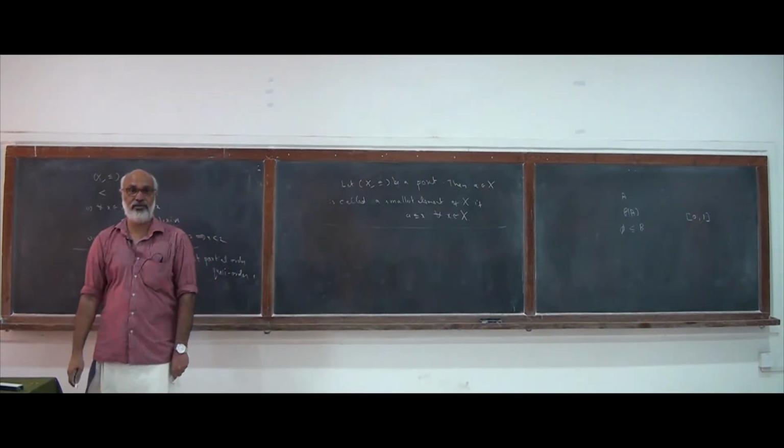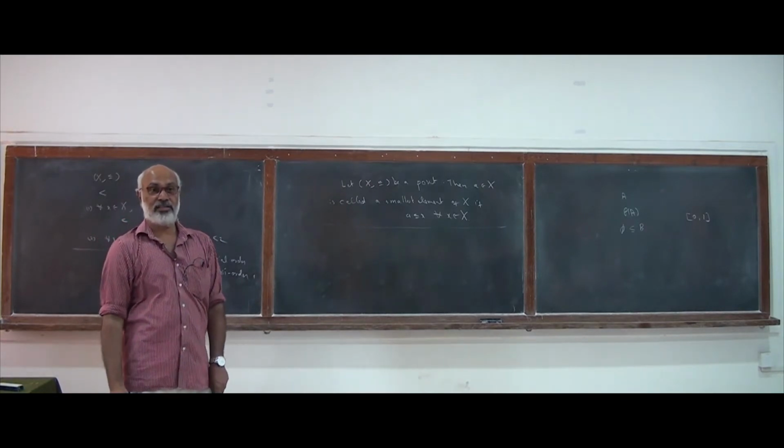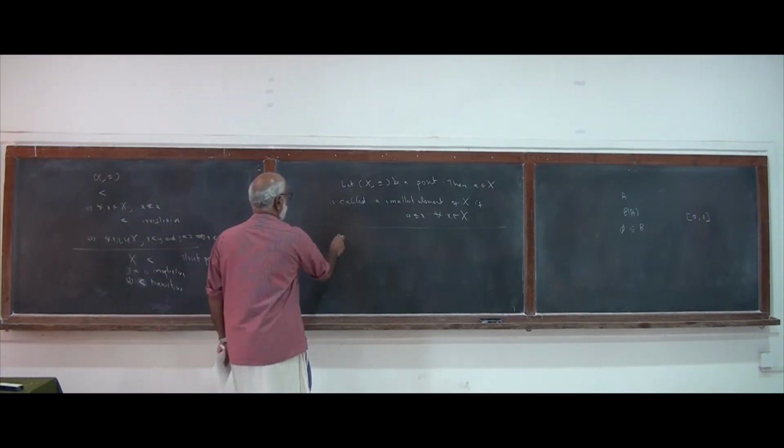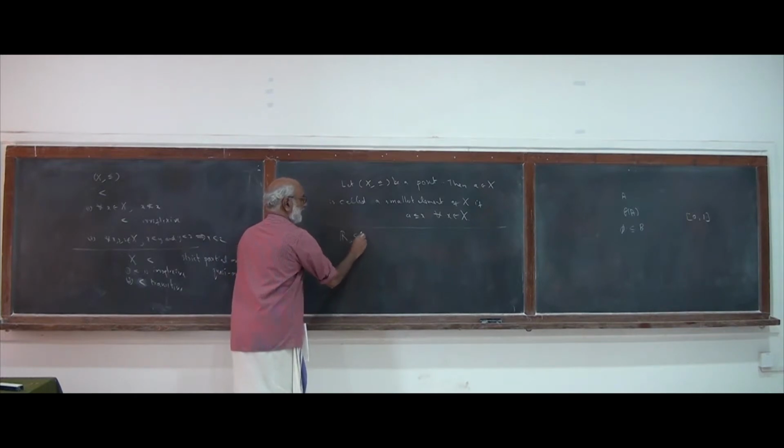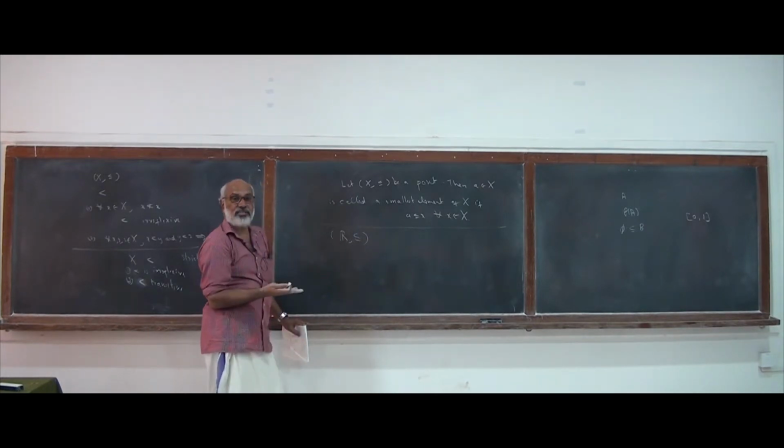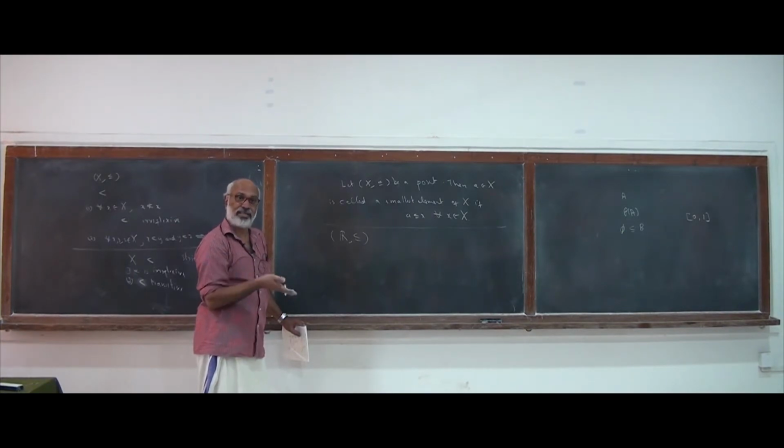Some partially ordered sets may not contain a smallest element. For example, you take the set of all real numbers. This contains no smallest element. Why? Given any real number x, x minus 1 is a real number less than that. So there is no smallest real number. There is no smallest integer.